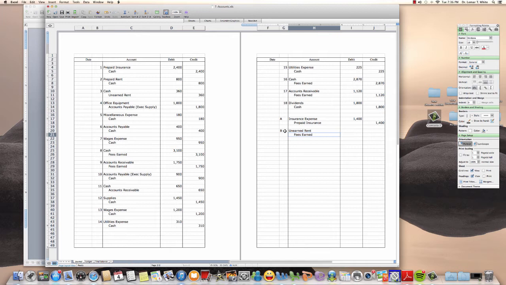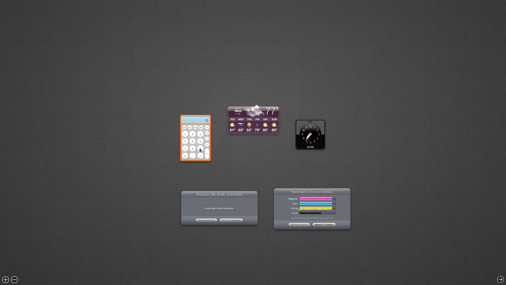All right. Now that 360, if I remember correctly, was for 3 months worth of using the parking lot. So I'm going to go to my calculator. If 360 was for 3 months, I have to figure out how much it is for 1 month. So I'm going to divide the 360 by 3, and I get 120. So 360 is for 3 months, 120 is for 1 month.